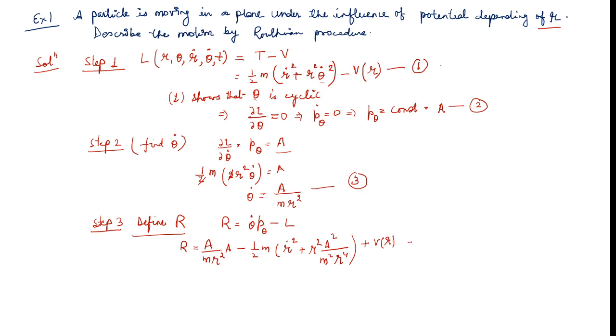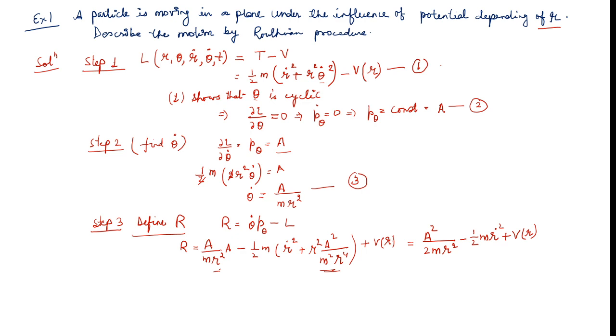So finally, if you solve these terms, your R will be a square upon twice m r square, minus half m r dot square, plus V function of r. The degree of freedom is reduced by 1 because you have one cyclic coordinate, so your number of equations will also reduce.